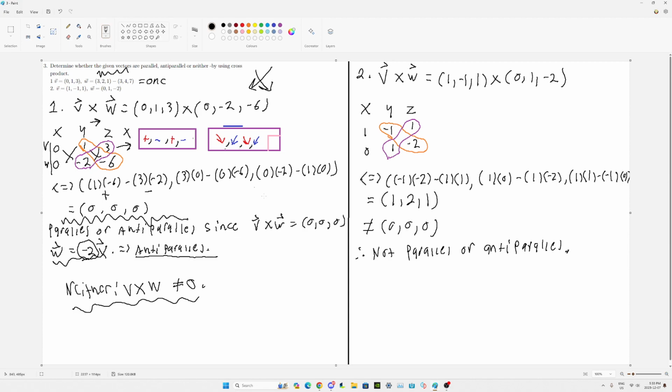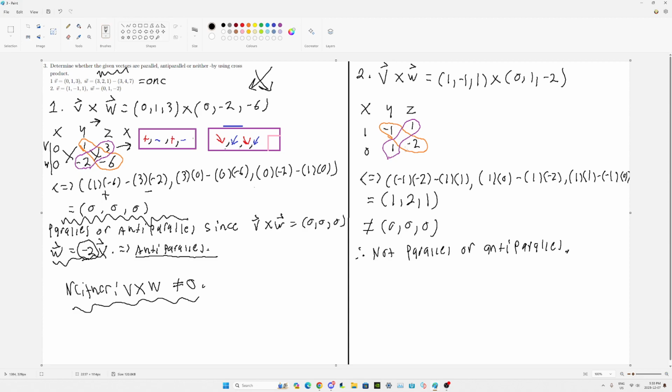All right, what's 2? Once again, we're going to have v cross product w. It's already simplified here, which is very nice. Right, store our things, x, y, z. Well, we have 1 here, 0 here, negative 1, 1, 1, and then negative 2. Start from our y.